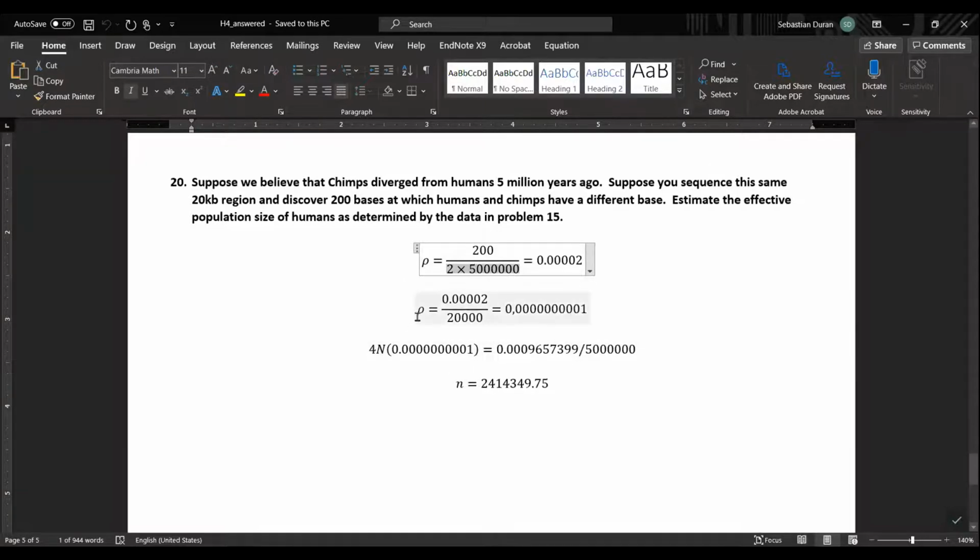The number that you've written up at the top, 0.00002. What is that an estimate of? It's an estimate of the rate of substitution. Per what over what over what? Over a million years, I guess.